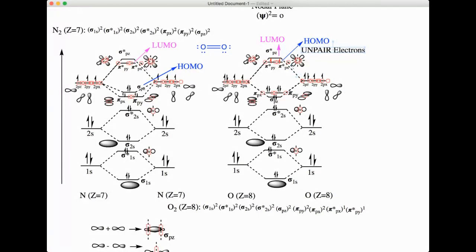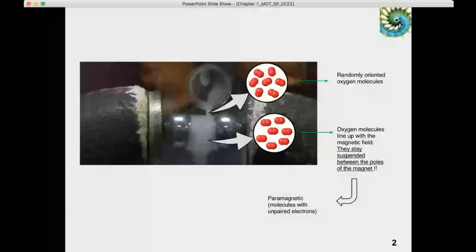So when you do the experiment, and I'll show you now, you can actually flush liquid oxygen. I'll show you the slide now.